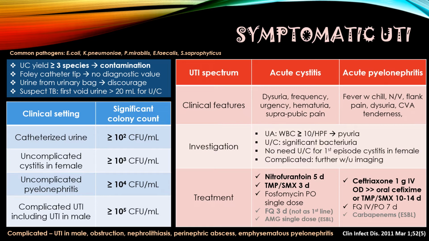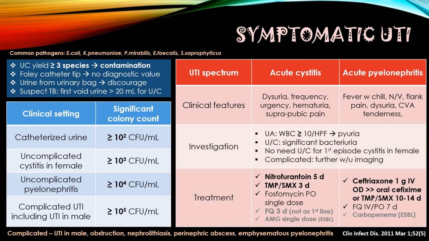Patients may have fever with chills, nausea, vomiting, flank pain, dysuria, and costovertebral angle tenderness. In this setting, the blood culture may be positive for the same organism, though in acute cases it mostly does not have bacteremia. Okay, investigation. Firstly, if the patient has symptoms like this and you suspect UTI, you check UA first.